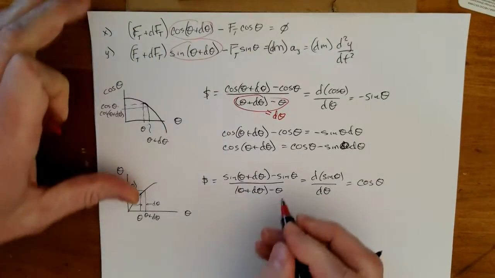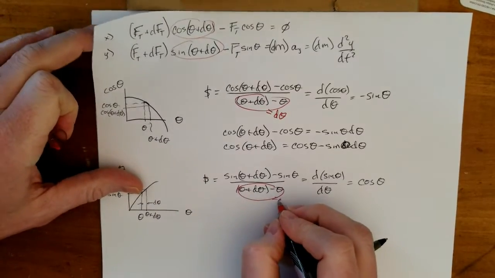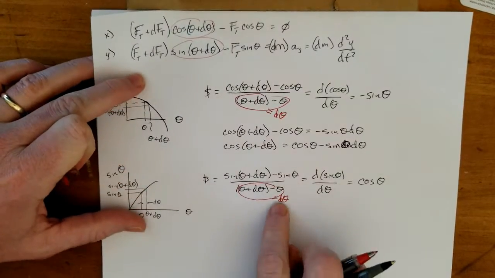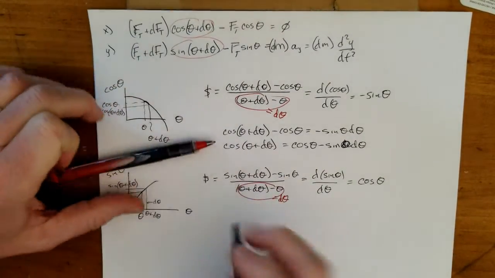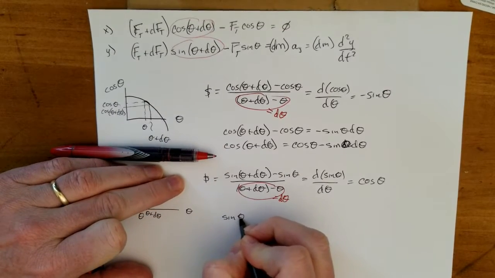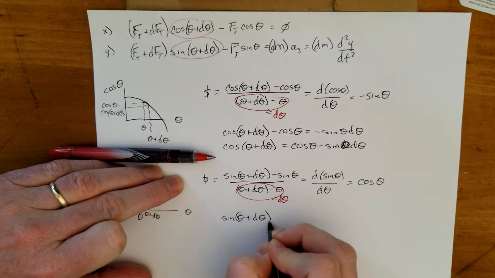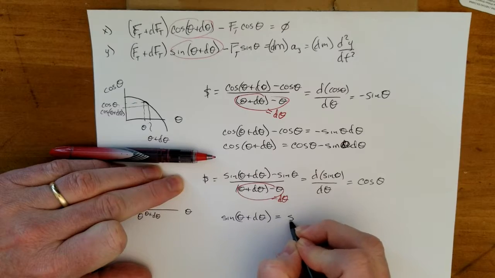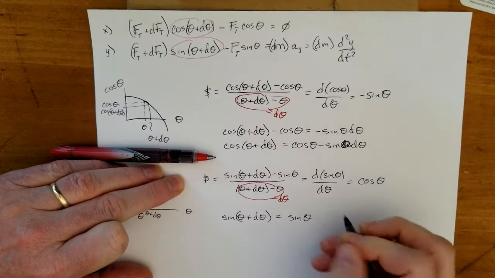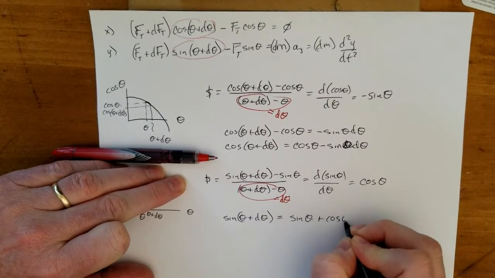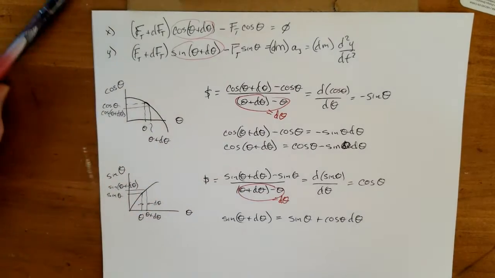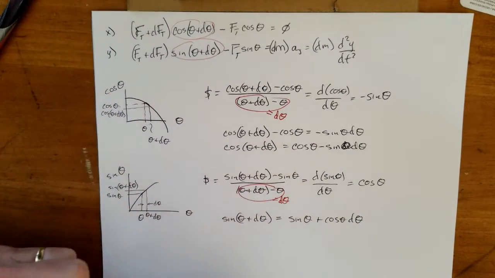Again, my denominator here equals d theta. So I multiply both sides by d theta, add sine, and I end up with sine of theta plus d theta equals sine of theta, when I add that over, plus cosine theta d theta. And so now I have enough to go plug into there.